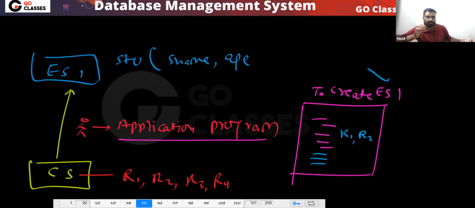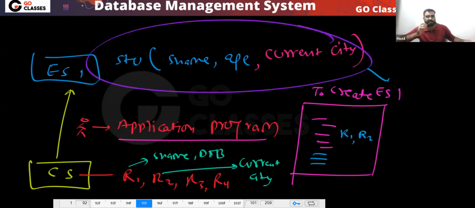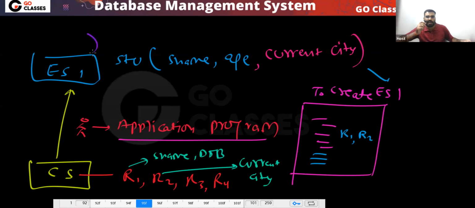And on the other table, student name, date of birth, and current city. So from R1 and R2, you are creating this external schema.